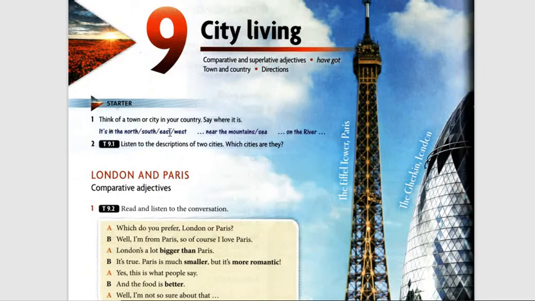Before we listen to tape script 9.1 and 9.2, let's talk about what the comparative adjectives are. To show the comparison between two persons or two things, two cities, two cars, we have to use the comparative, because we describe this thing or this person with a priority as compared with the other thing or the other person.